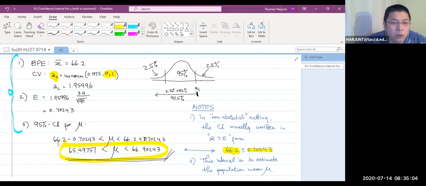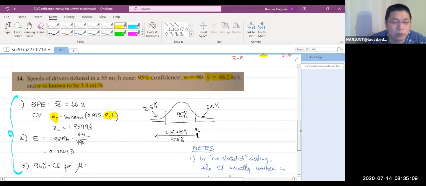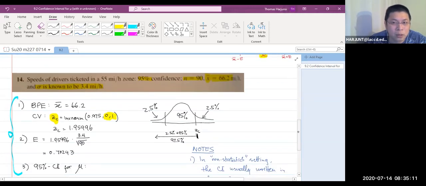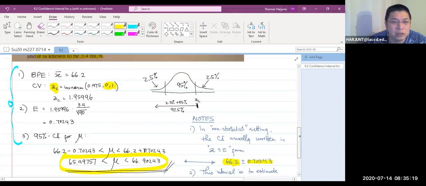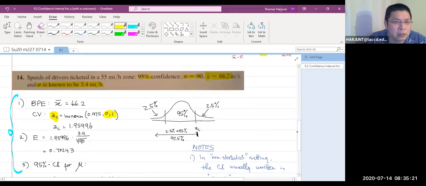On the other hand, don't you think it's quite generous that in that 55 miles per hour zone, the average ticket is written in this interval? Which means there are some people driving at 57, at 60, who are not getting a ticket. If you think about it.